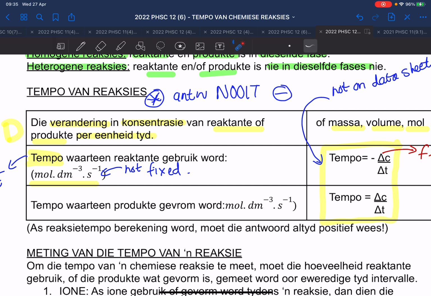Are you going to divide concentration by seconds? Of gaan jy massa, die verandering in massa oor die verandering in minute? Then it's going to be grams per minute. Okay, so it depends what they give you. Dit hang af waaraan jy werk. So it's not fixed, that unit.